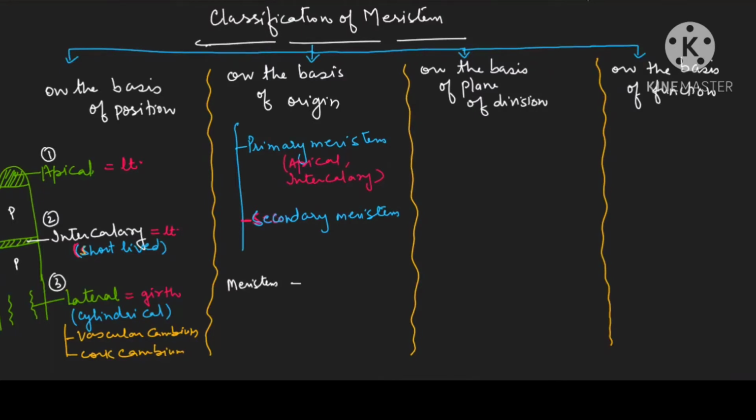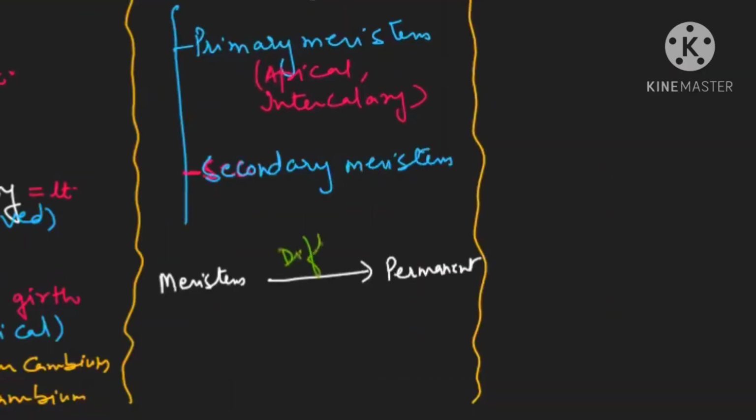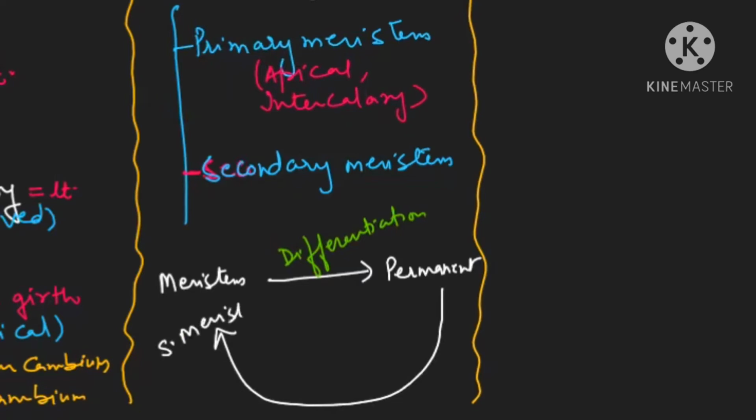When the meristematic cell becomes permanent, this process is known as differentiation. Okay, beta? And when a permanent cell again becomes meristematic, then this meristem is secondary meristem, because the second time it is becoming meristematic. And this process, by which its differentiated nature is removed, is known as de-differentiation.